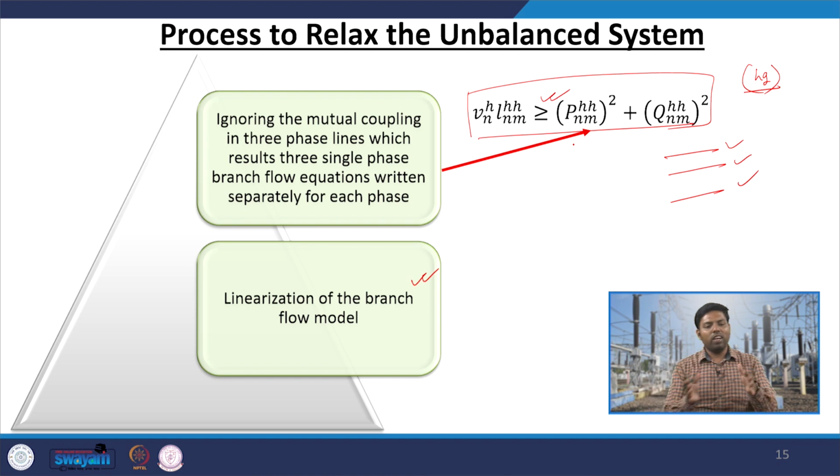So we always try to keep close to our global solution. For a balanced system, you have the options of convex relaxation, but for an unbalanced system, the scope of convex relaxation is very limited. That is only possible when you separate the phases. So there we do the linearization of the branch flow model.